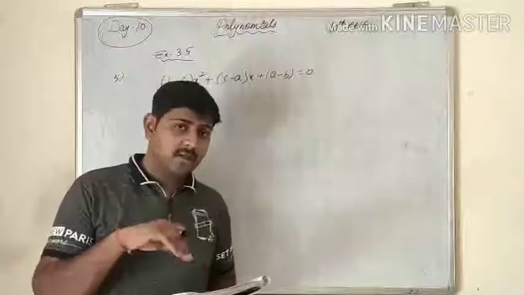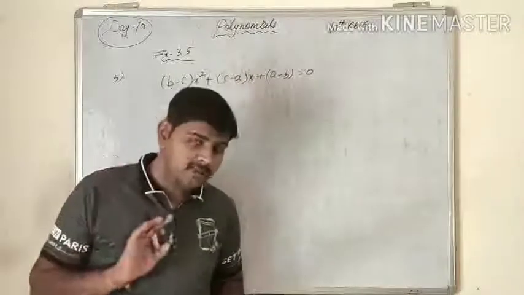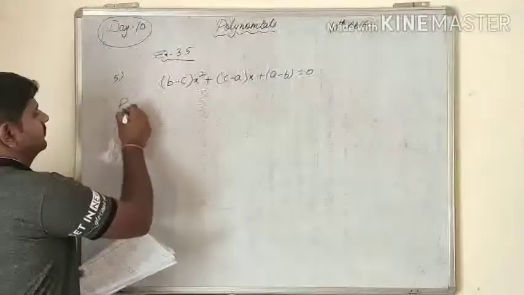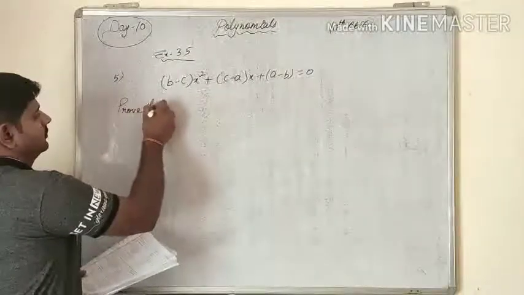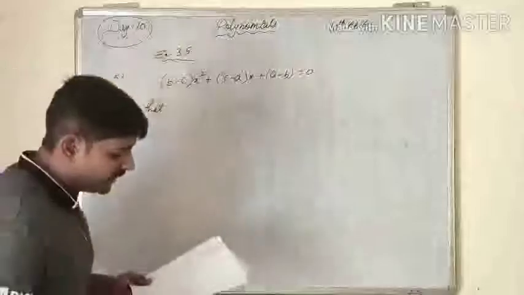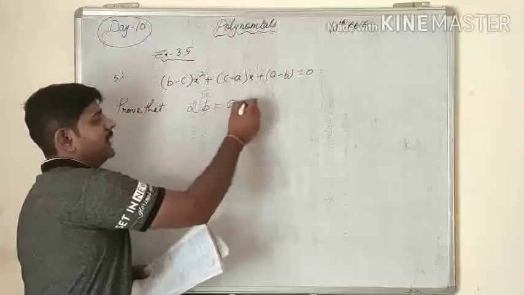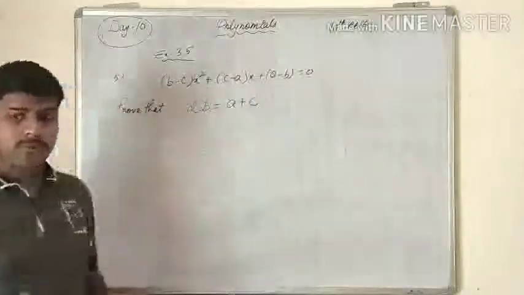So it's real and equal, it means discriminant is 0. And prove that 2b equals to a plus c. That we have to prove.